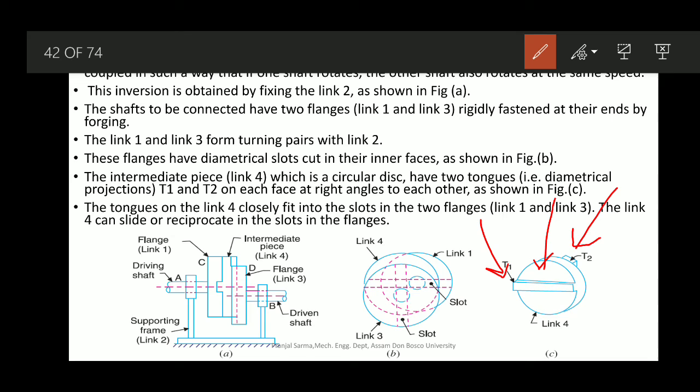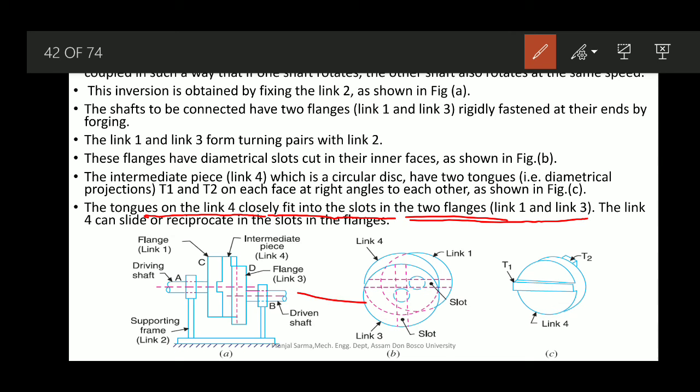So in the slots which are cut here and here, in the first flange and second flange on the inner side, these two tongues, the diametrical projections, will be inserted, and thus it connects both the sides. They are at right angles to each other. Now the tongues on this intermediate link fit closely into the slots in both the flanges, first side and second side.